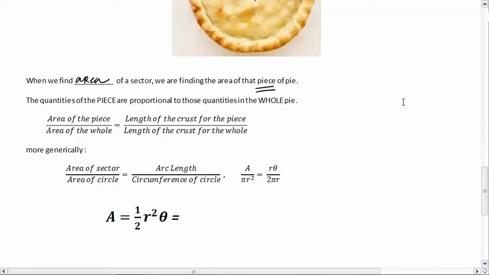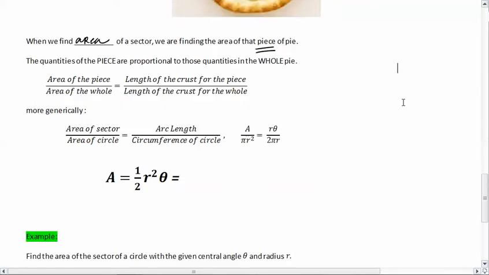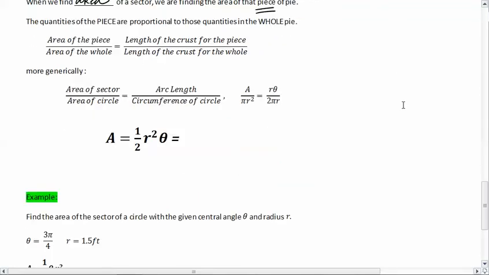More generically, we can talk about this in sectors and circles. The area of a sector divided by the area of a circle is going to equal the arc length divided by the circumference. Well, we know some of these things. We know that area of a sector, we'll just call A for now, divided by the area of a circle, which is pi r squared, is equal to r theta, our arc length, divided by 2 pi r.